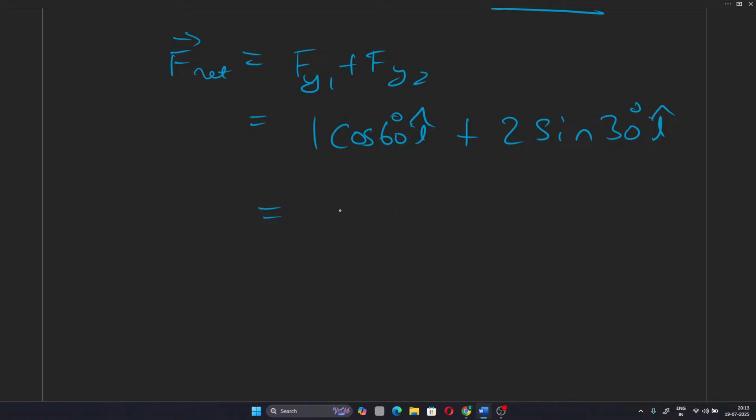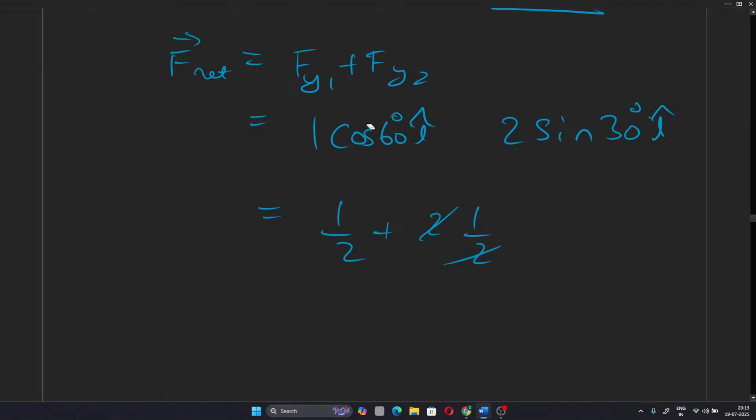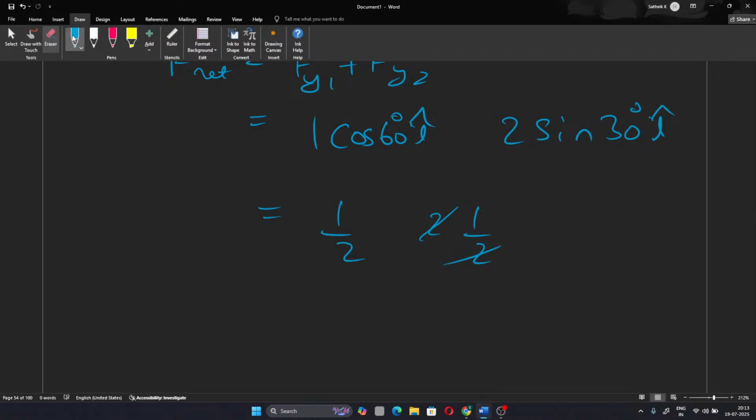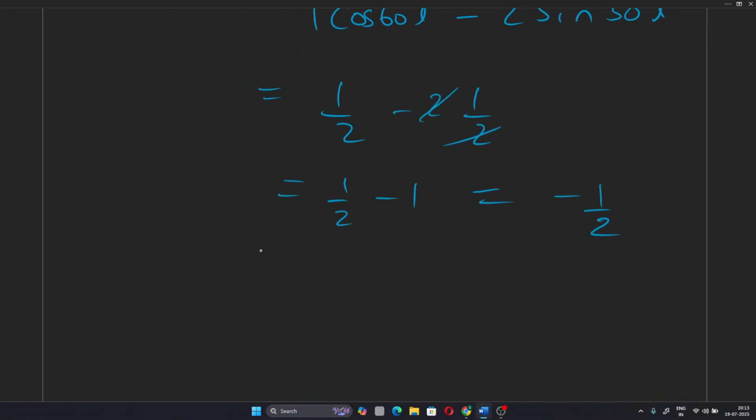Then cos 60 degree is 1 by 2, plus 2 times 1 by 2, which equals 1. And this should actually be minus when we are taking the net forces. So it should be 1 by 2 minus 1, which equals minus 1 by 2. So net force should be 0.5 Newton.